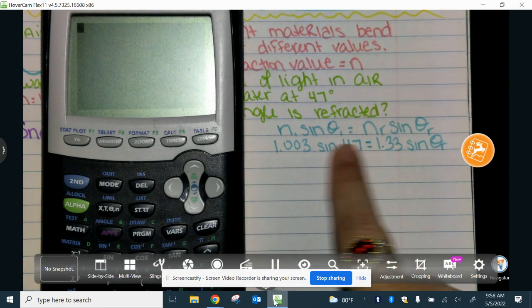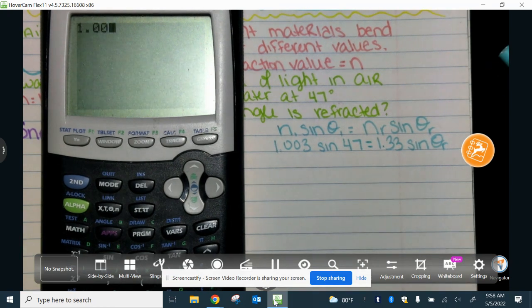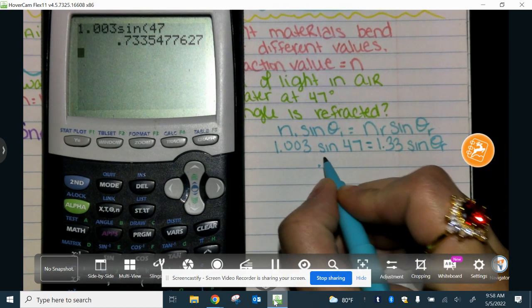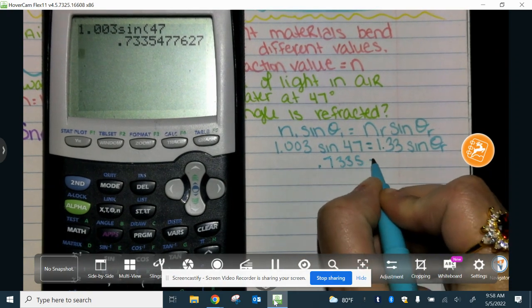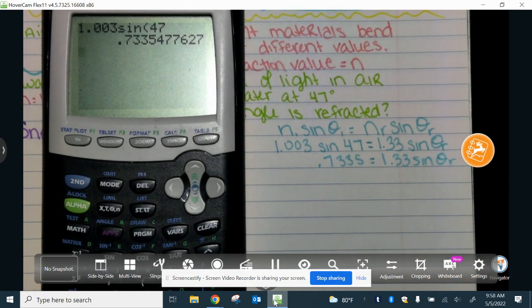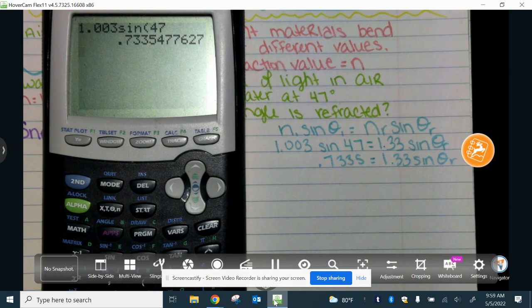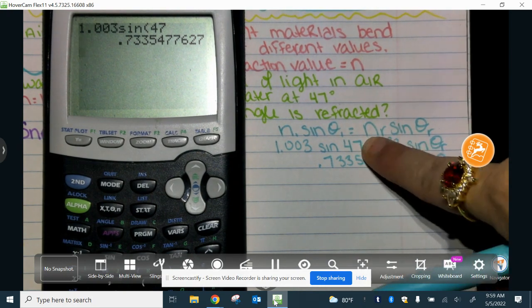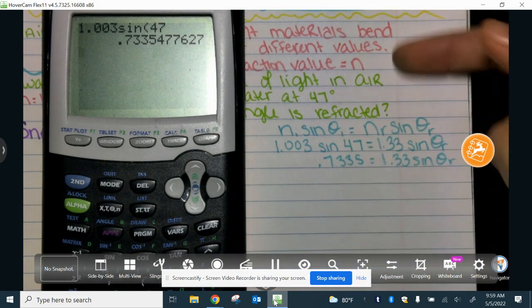I'm going to solve for this part first. 1.003 sine of 47 is 0.7335477627. That's a lot of numbers, right? I'm not going to use my rounded values that I'm writing down here, but I want you to be able to follow my math.